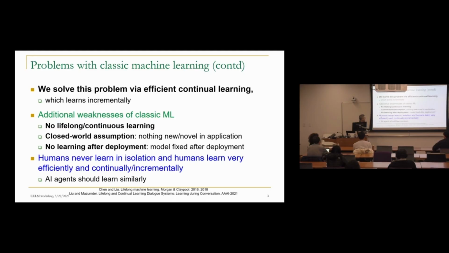And of course, we can't do post-deployment learning. If you look at these things, we humans are pretty good at all this, right? We never learn things in isolation. We don't say we get a bunch of data, look at it, learn it, and that's it, done. We never do that. We always learn continually and incrementally and also very, very efficiently.